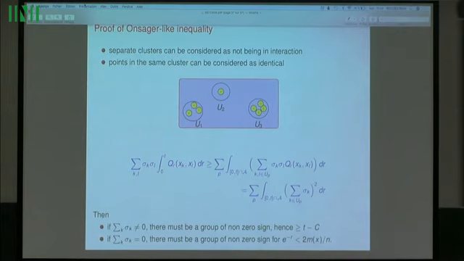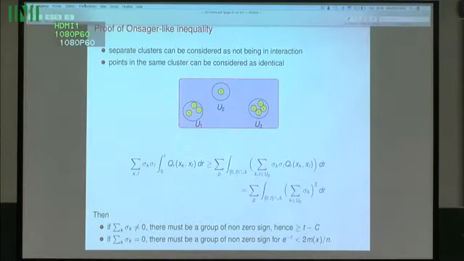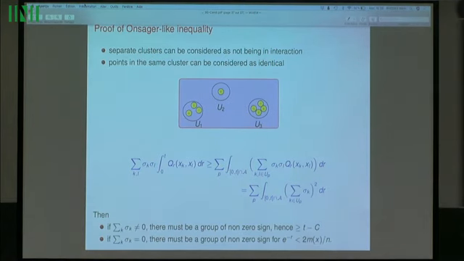I don't know if this last argument is clear, but I'm just saying: assume that in each cluster the sum of charges is 0.